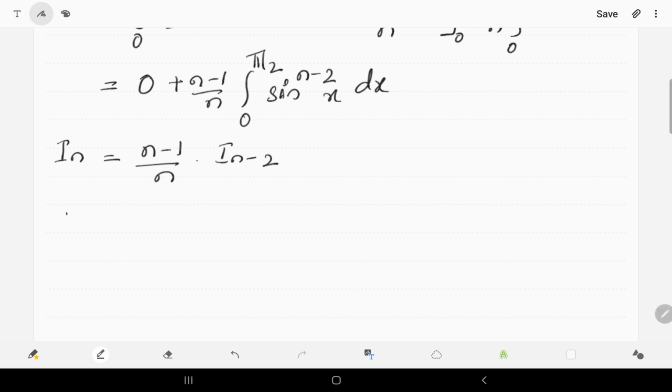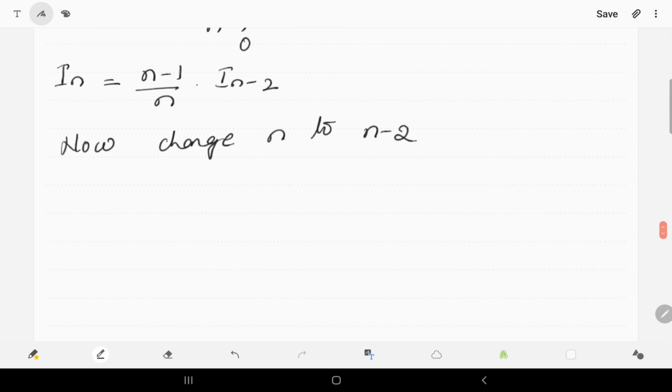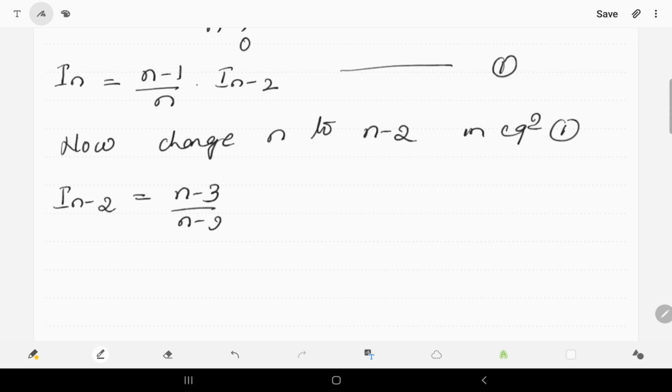Now change n to n minus 2 in this formula. Take this as equation 1. In equation 1, it becomes I_n minus 2 is equal to n minus 3 by n minus 2 I_n minus 4.